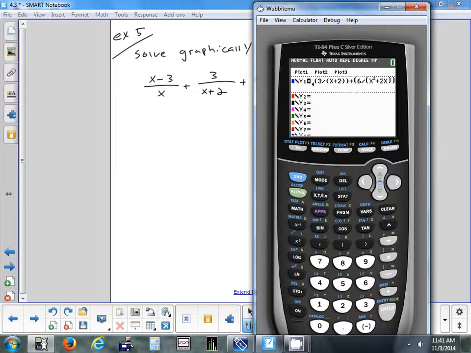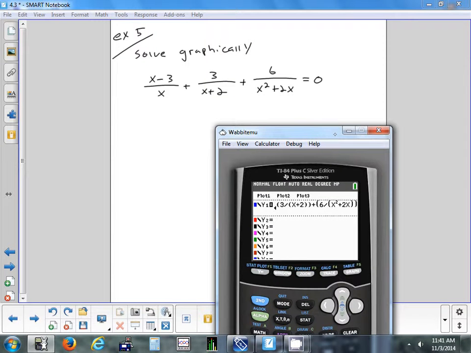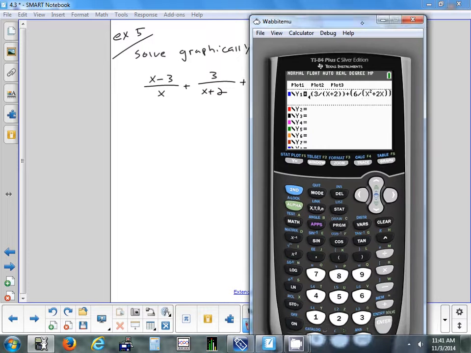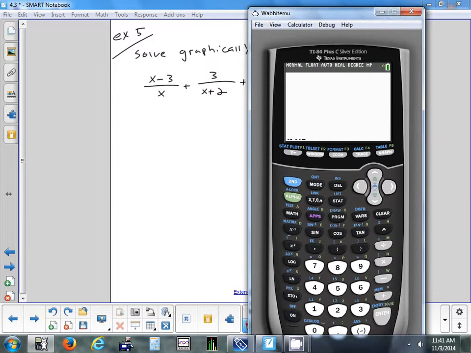The calculator might handle order of operations okay, but I think it's going to get a little mixed up if you don't put in your parentheses. And we're looking for where that graph is going to cross the x-axis. Those are your roots. How many roots does it look like we have?